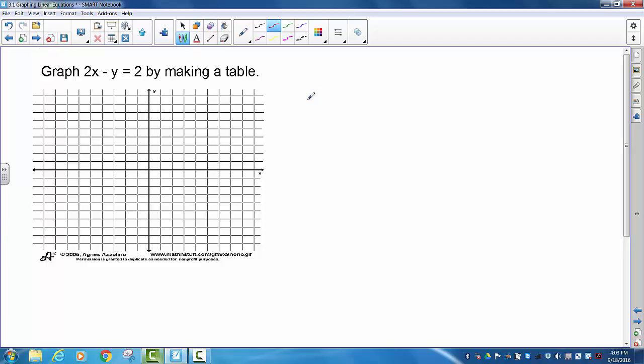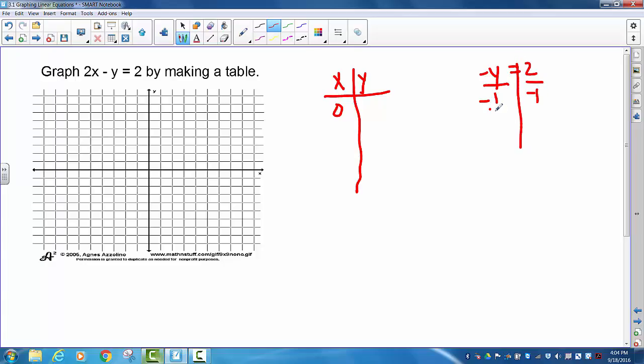Okay, so we've got graph 2x minus y equals 2 using a table. So we put our table. x and y. 0 is always a good one to start out with. x is 0. That gives us -y equals 2. Divide by -1 on both sides. That gives you y equals -2.